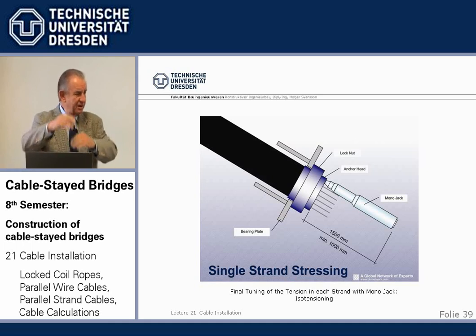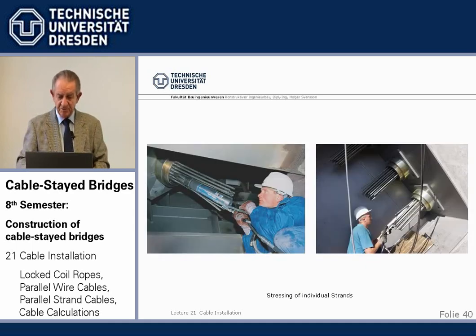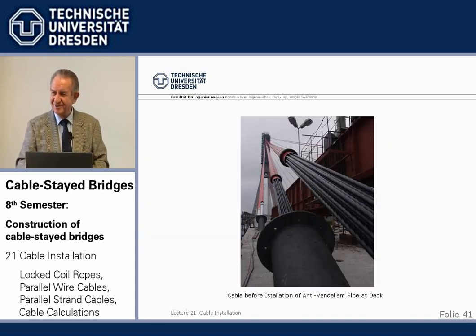You need a come-along or a crane or something there. So individual stressing with monojacks, and you see it here, is in real size. This artisan stresses the last installed individual cable. The same here, small jacks, comparatively easily movable.